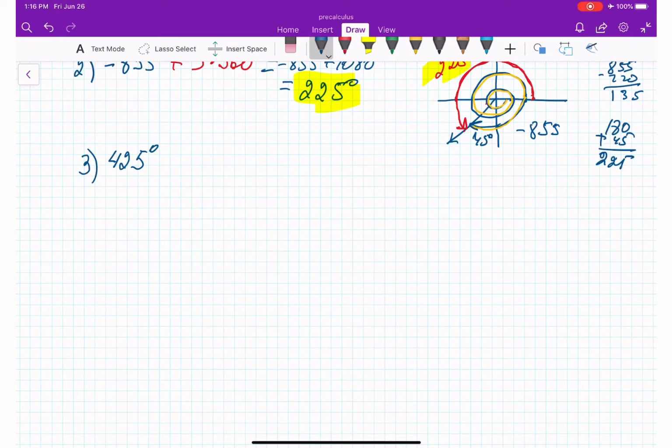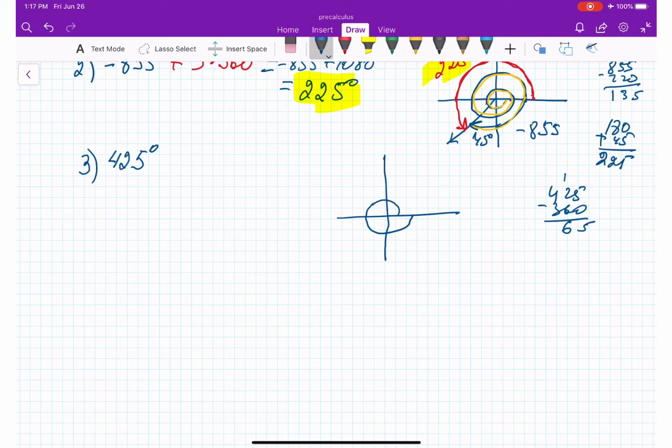425 degrees. So let me draw it. Since it's positive, I'm going this way. I got 360. So 425 minus 360 is 65 degrees.